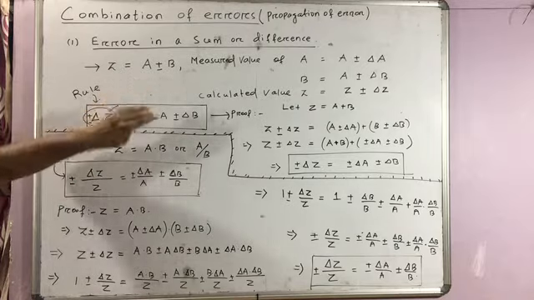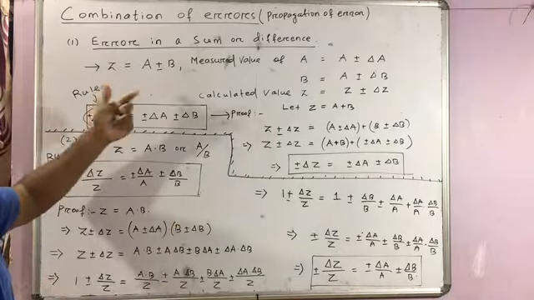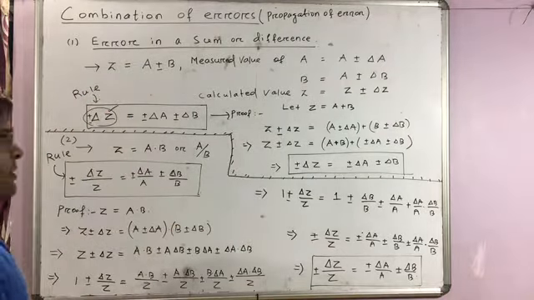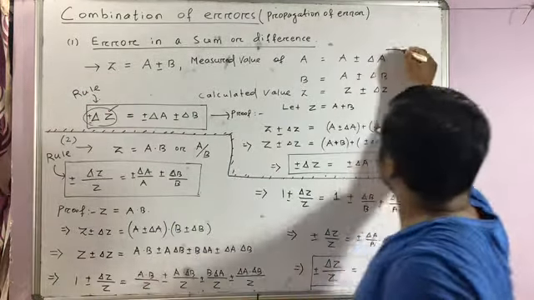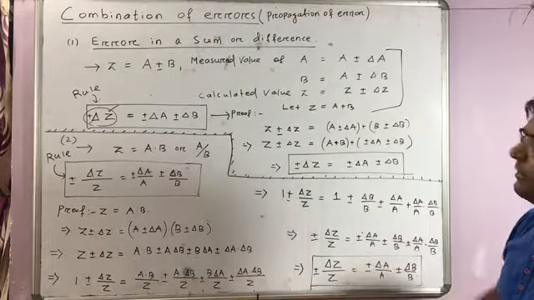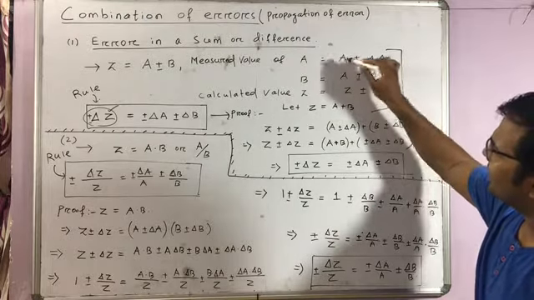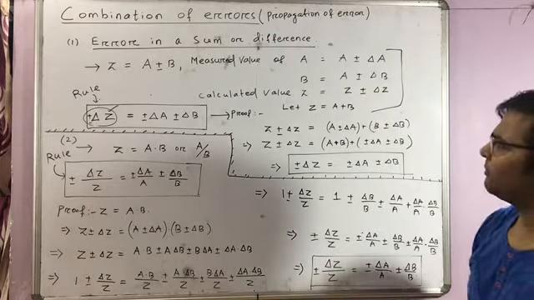So let me prove for Z is equal to A plus B. Similarly you can prove for Z is equal to A minus B. So these are the values I have taken here. A is equal to A plus or minus delta A, means the measured value will be written in this form. A is the true value plus or minus the error part.